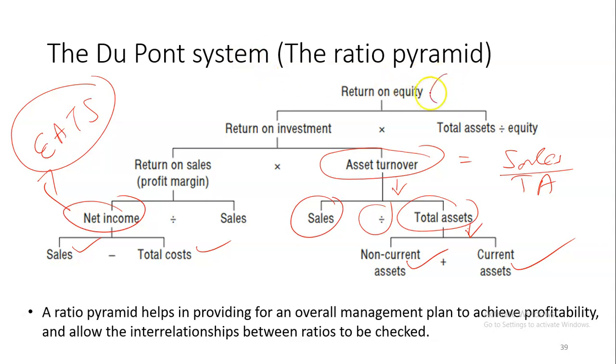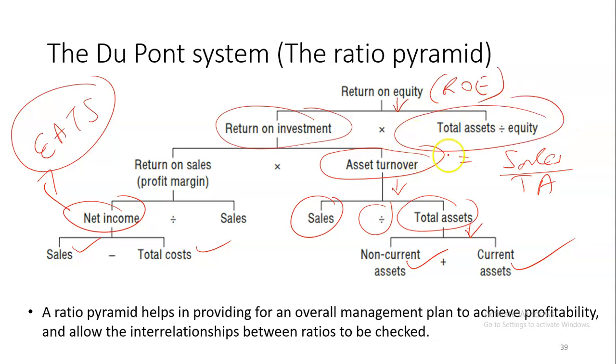The return on equity, ROE, is given by return on investment multiplied by total assets divided by equity. All right, and you can as well continue analyzing this. And return on investment is given by return on sales multiplied by return on assets, and go down as well.